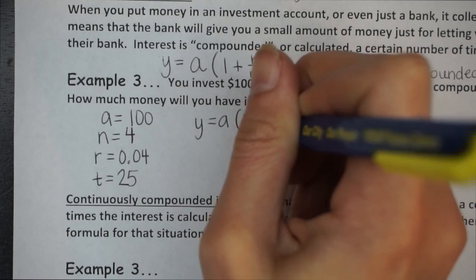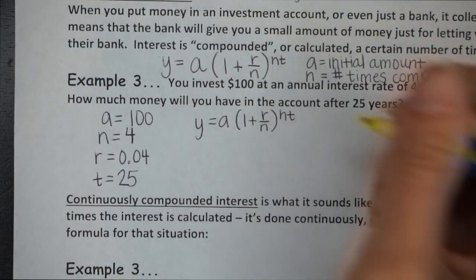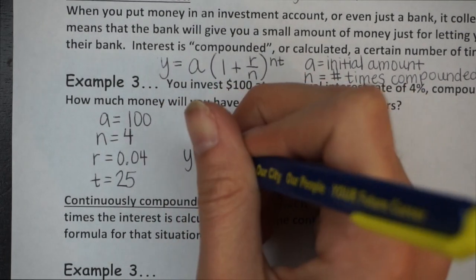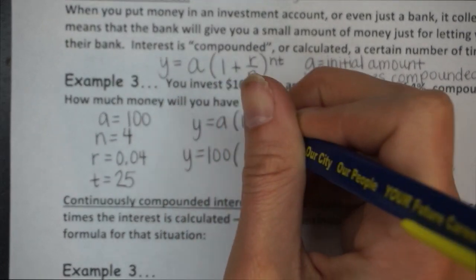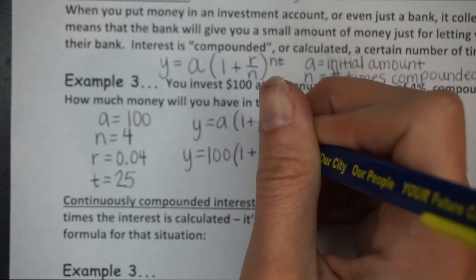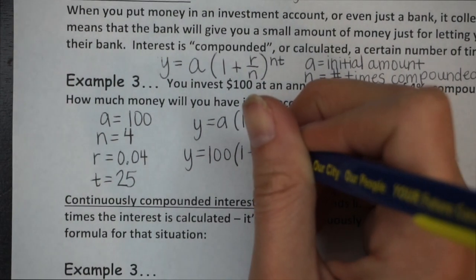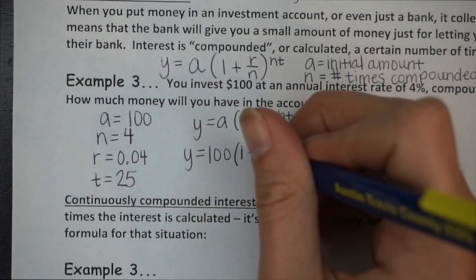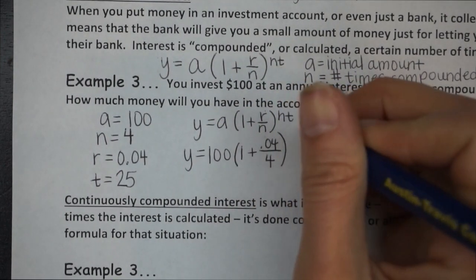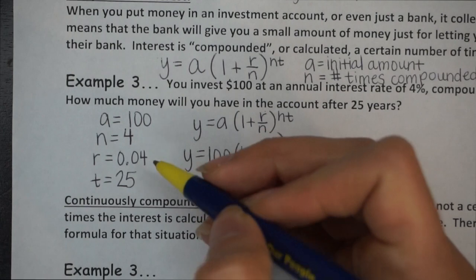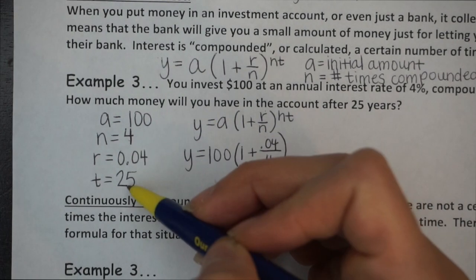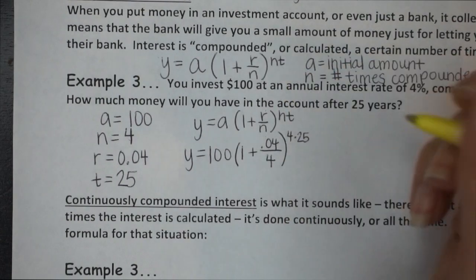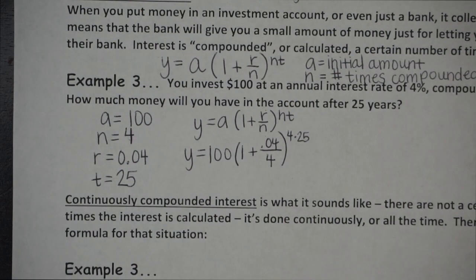So y is equal to A, which was 100, times 1 plus r divided by n. So 0.04, n is 4. Raised to the power of n times t, so 4 times 25 is going to go up there as the exponent.